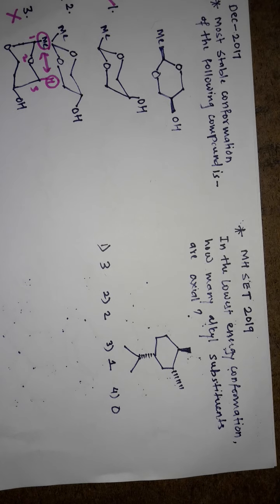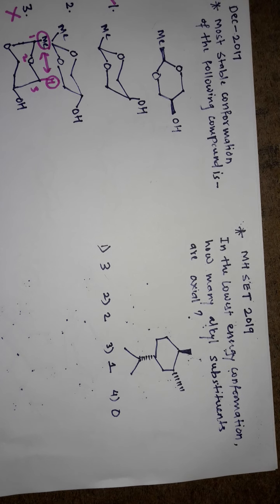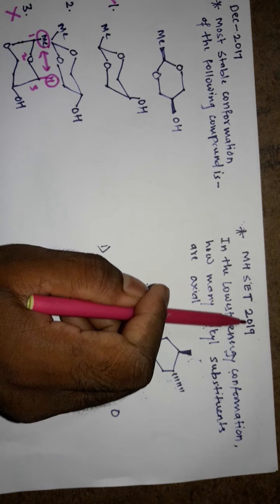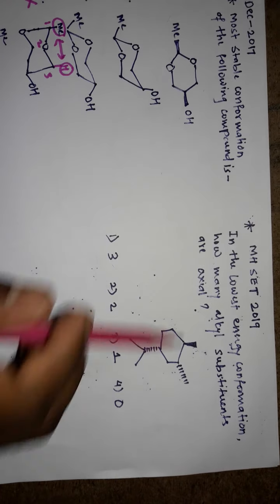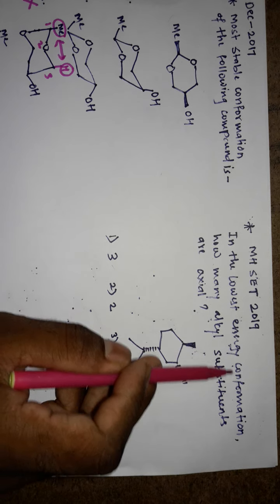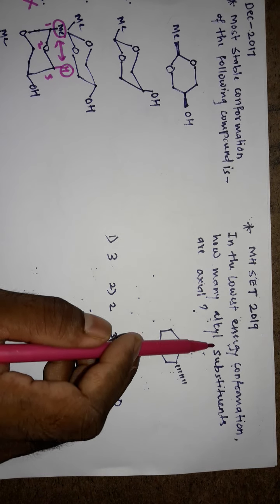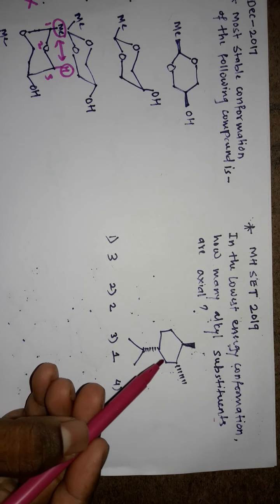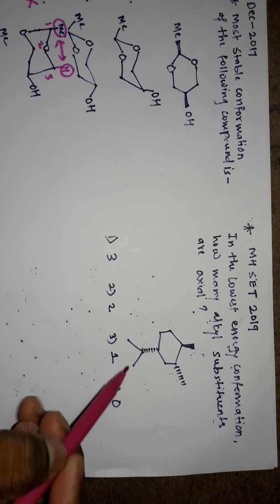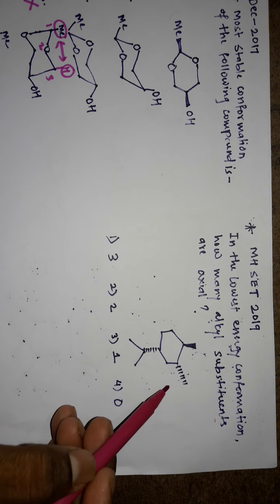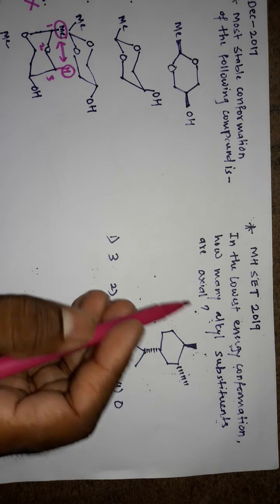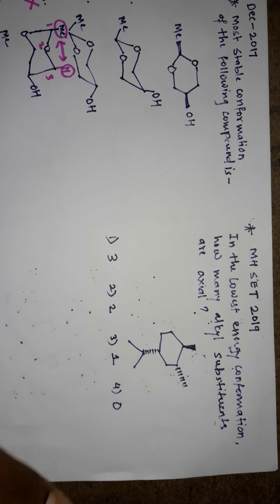Now the last question. This question was asked in the Maharashtra SET exam 2019, and the question was, in the lowest energy conformation, how many alkyl substituents are axial? So the question is asking about the chair conformer and how many bonds we can put at the axial position in case of the stablest conformer, because they have mentioned lowest energy conformation.